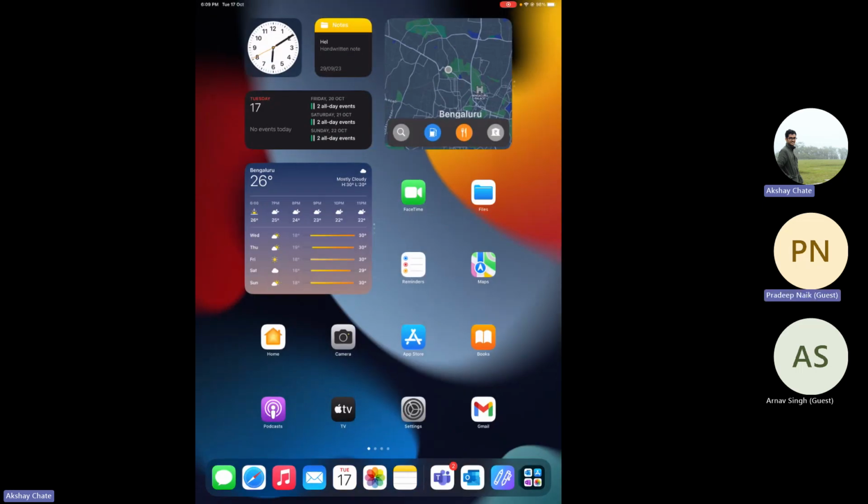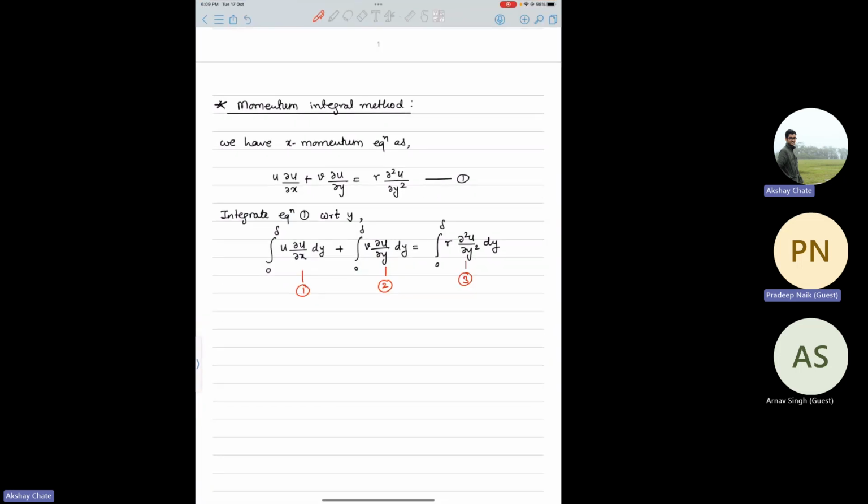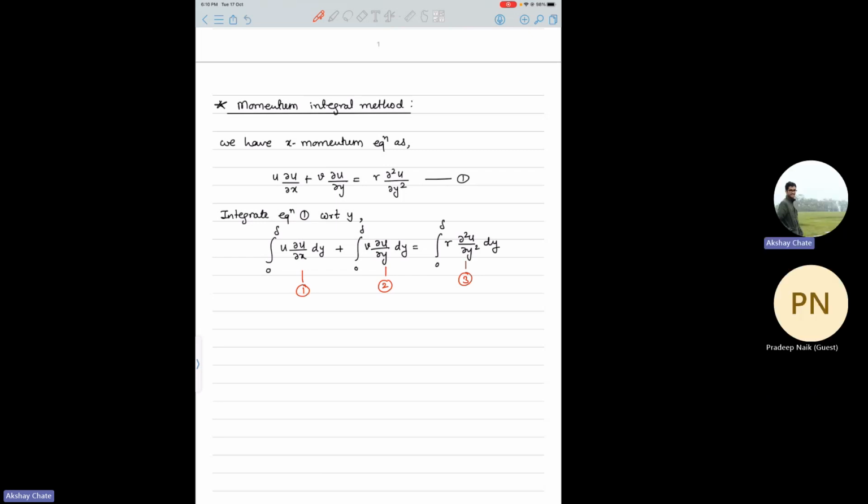Pradeep, are you also not able to see? I'm able to see your screen, sir. I can also see it on my phone. I'm writing on my pad, but I have logged in through my phone also, so the screen is visible here. Arnav, can you just recheck once? Rejoin, maybe that will solve the problem.